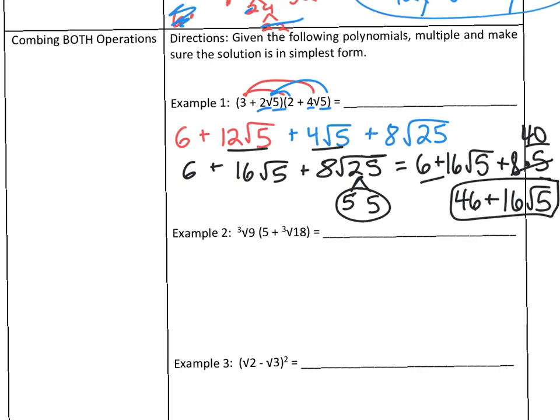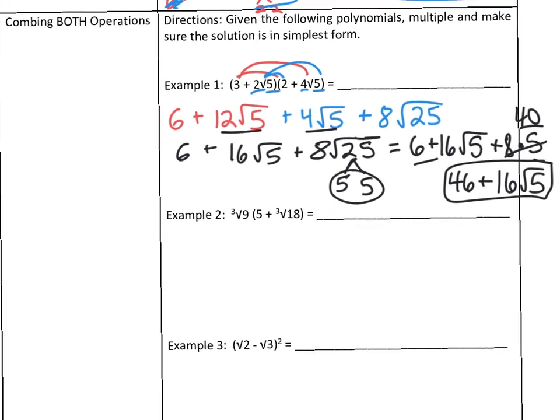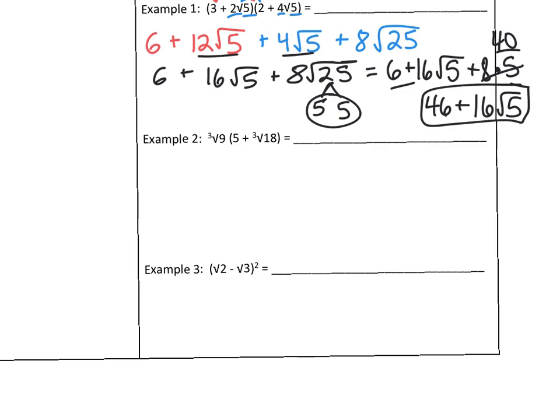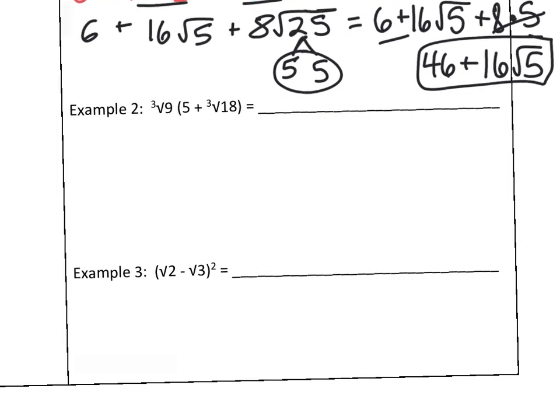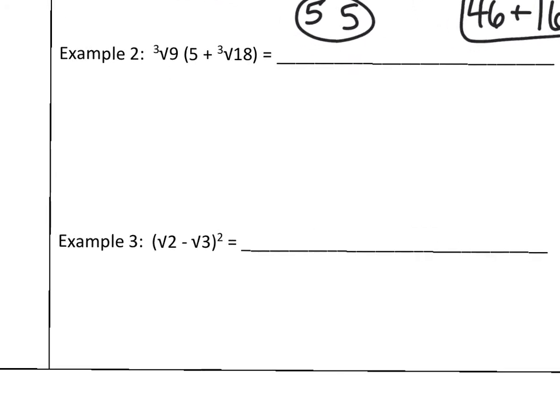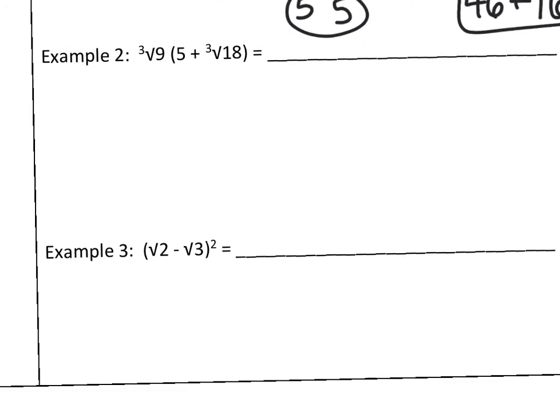Okay, so make sure you only combine like terms, just as we did before. So adding, you can only combine things with the like radicands, in the same index. So this one is going to work just like if they were variables. We're just distributing out.